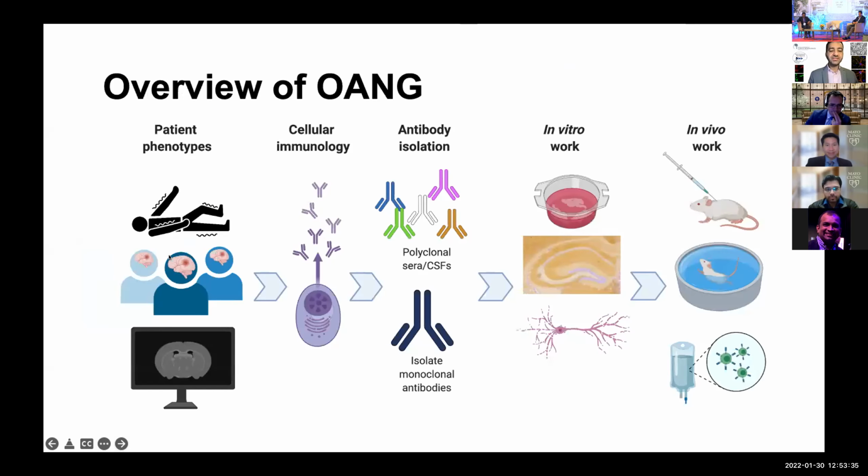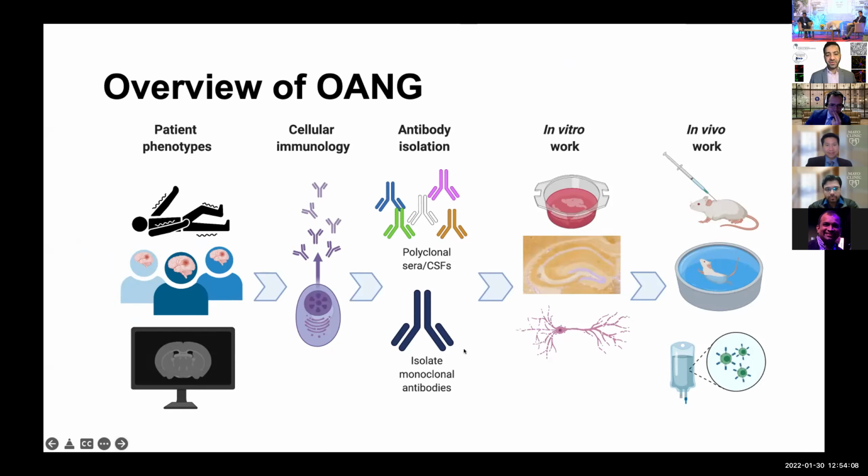So our work really starts with patients. We always start on the left of this diagram: phenotypes, presentations, responses to therapy. And then we've got very interested in the last few years about trying to link up this whole pipeline of taking work to the cellular immunology, which I believe is likely to be the etiological and therapeutically relevant basis for treatment in these patients, through to isolation and work on polyclonal antibodies from serum and CSFs.